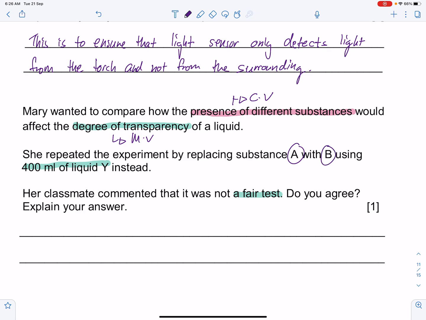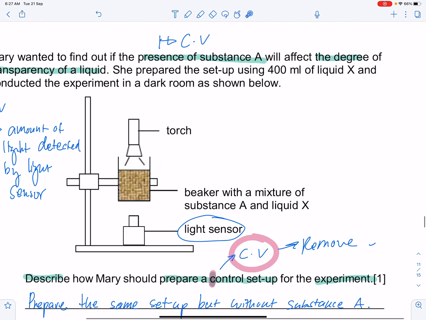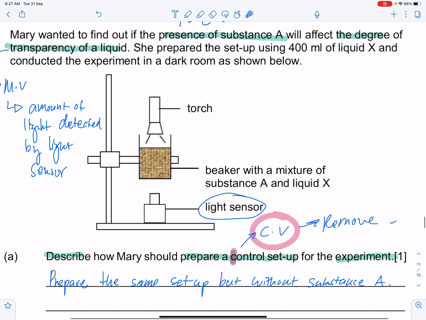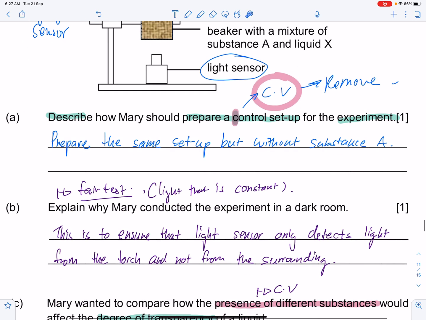So therefore, it's very important to ensure that no other variables are changed. So let's take a look. Initially, what's the amount of liquid X used? So the amount of liquid X used is 400.